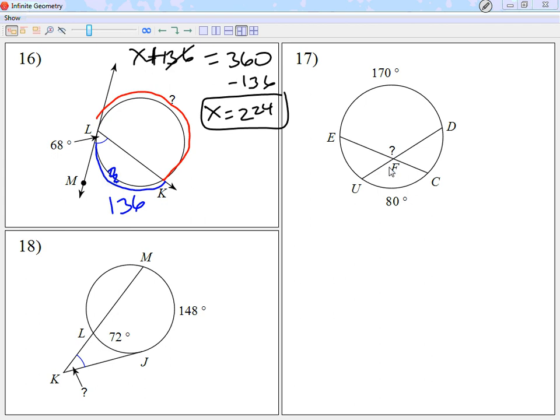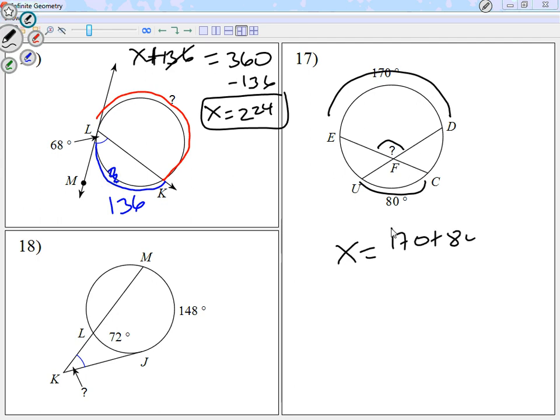Now, when the angle is inside the circle, like question 17, I'm going to put x by itself. The angle creates two arcs, 170 and 80. So in this case, I'm going to add the two arcs, 170 plus 80 over 2.